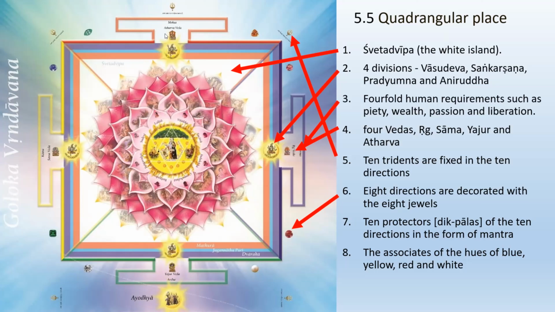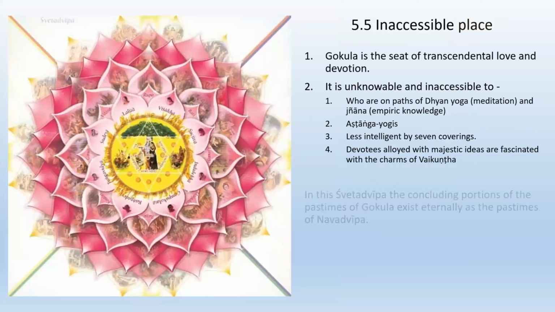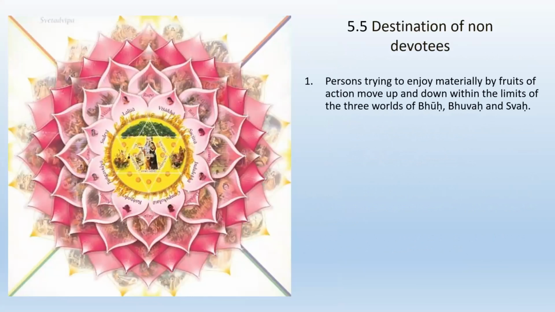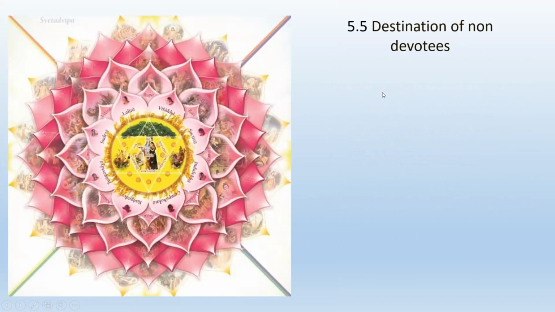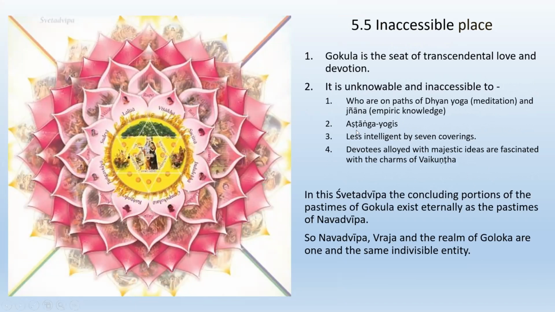Thank you, Prabhuji. Actually, you mentioned this when you were saying that some people cannot access this place. Yes, the karmis who are looking for material enjoyment, who want to enjoy their fruits, cannot go beyond the 7 coverings. The less intelligent are covered by the 7 coverings.